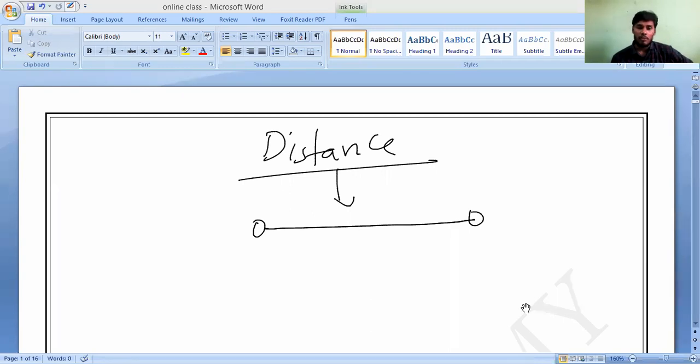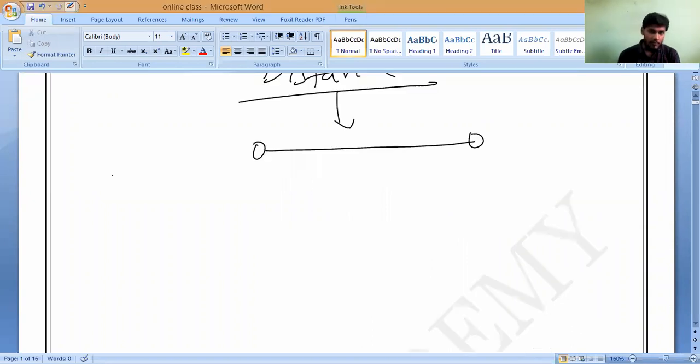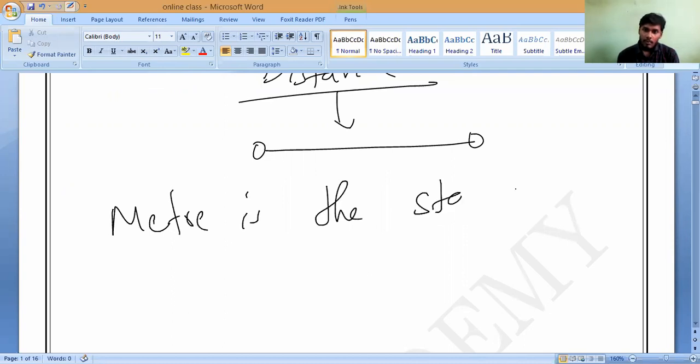So that is why we go with a standard unit of measurement, which is called the meter. The meter is the standard unit of measuring length.